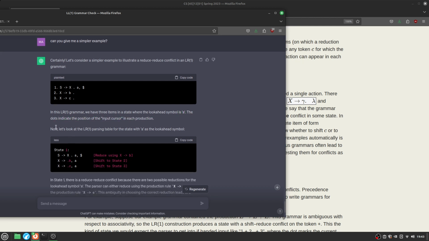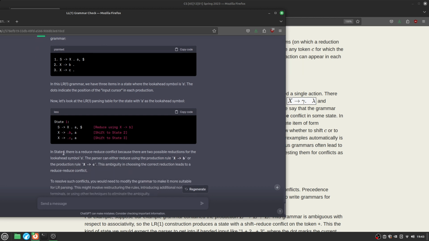Yep. Now let's look at the LR1 parsing table for the state with A as the look-ahead symbol. So this makes sense. If we encounter a B, we shift to state 2. If we encounter a C, we shift to state 3.